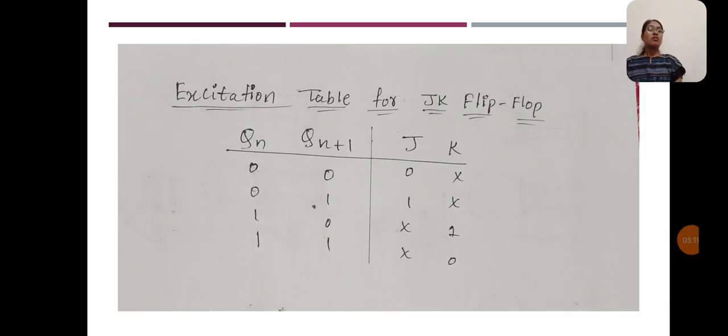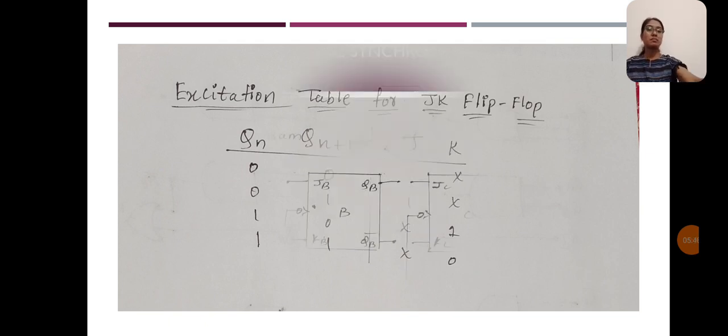Next, to design a Mod 12 synchronous counter, we should know about the excitation table of the JK flip-flop. Here I have given the excitation table of the JK flip-flop, where Qn and Qn plus 1 are the present and next states and J and K are inputs. For 0 to 0, J K is 0 and don't care; for 0 to 1, it is 1 and don't care; for 1 to 0, it is don't care and 1; and for 1 to 1, it is don't care and 0.